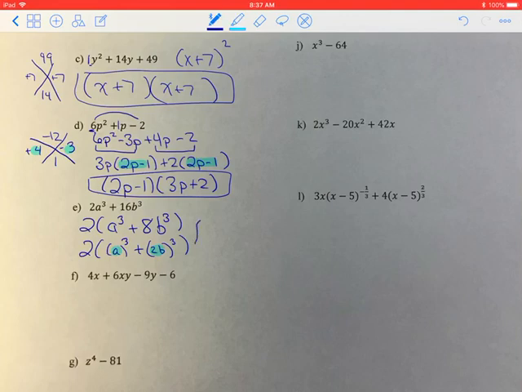All right, so I'm going to come over here. I'm going to keep the 2, and for SOPS, I'm going to split into 2 sets of parentheses. For the first set, I'm just going to copy these. So a plus 2b. I keep the sign, and I keep the numbers without the cubes. And then for the second set, this is where I'm going to do SOPS. So I'm going to start by squaring my first one, which is a, so that's a squared. Opposite sign will be a minus.